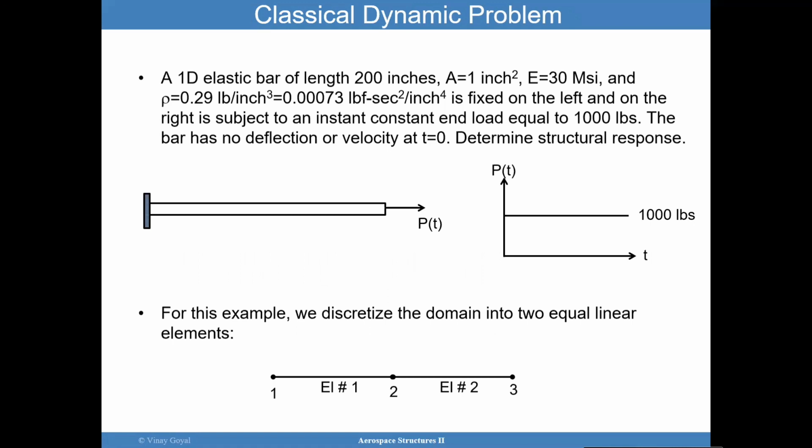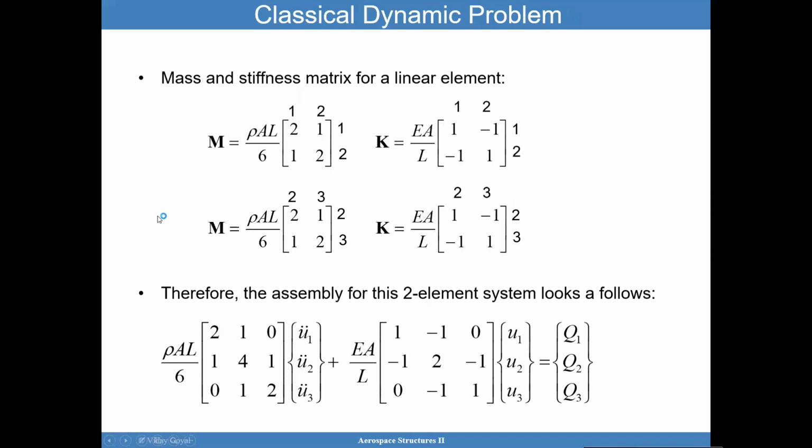So here is a bar with the load applied as a function of time. And I've discretized the domain into two elements. And so I have a total of 3 degrees of freedom. This one right here is known because it's always fixed. So for element number 1, I have this as a mass matrix and this as a stiffness matrix.